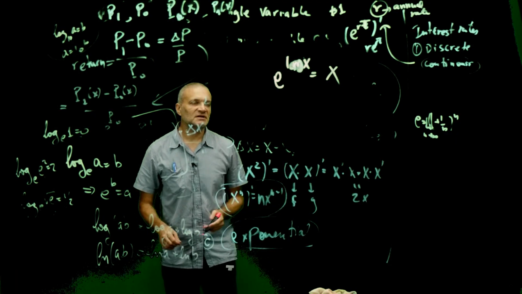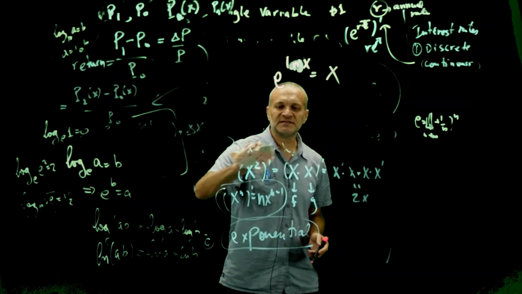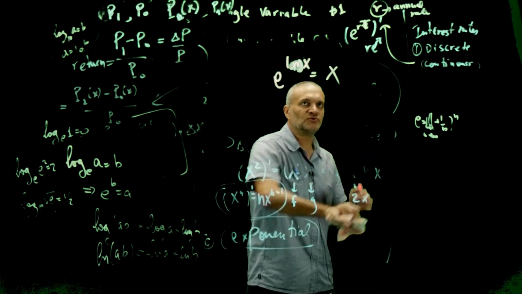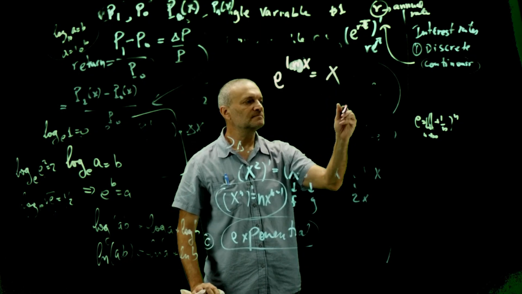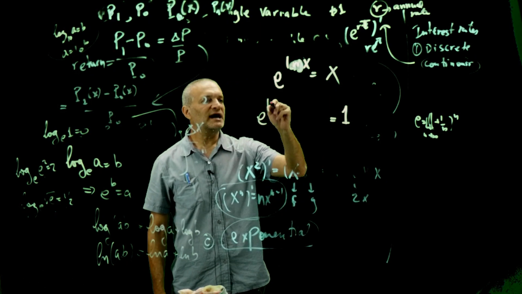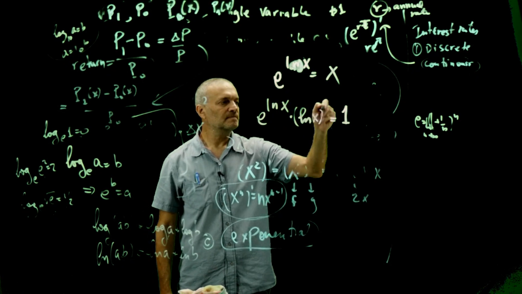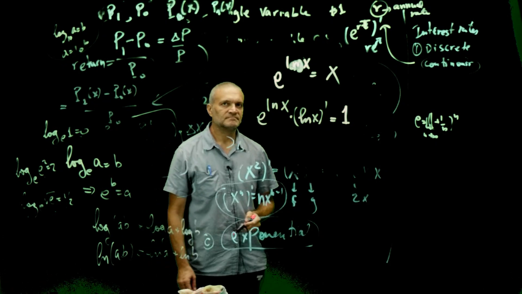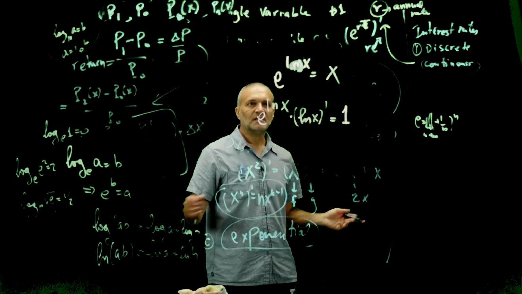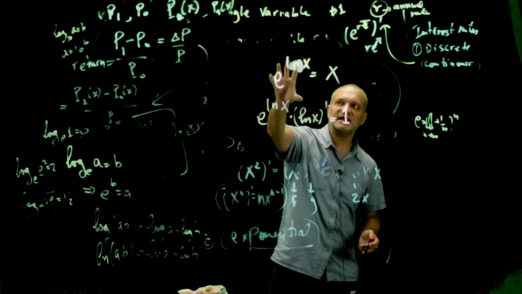That's by definition. Now I'm going to apply the chain rule here and here. So here I'm going to have 1. What am I getting here? It's going to be e to the ln x times the inner derivative. Because this is exactly the definition of e to the power of ln x.